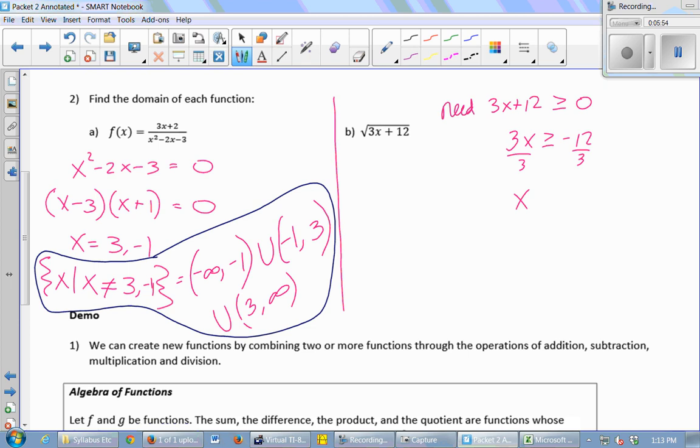And x, do I have to turn the alligator around? No, because I'm dividing by a positive number. So x has to be greater than or equal to negative 4. So in set builder, I would write the set of all x's such that x is bigger than or equal to negative 4, right? Or in interval notation, how would I write that?